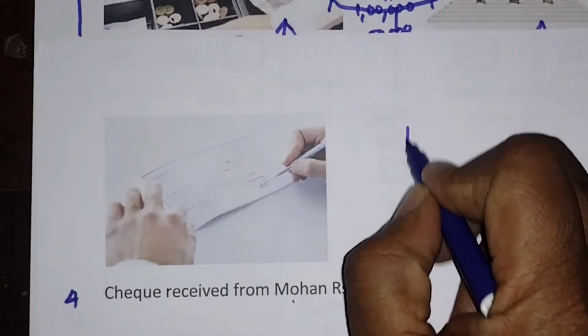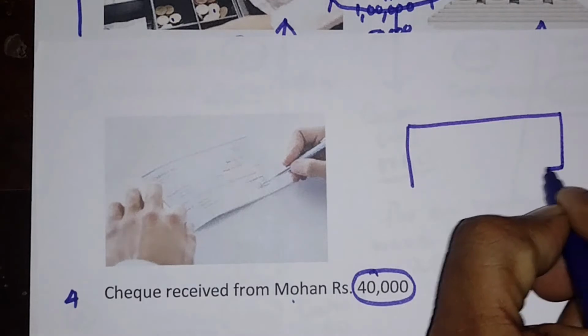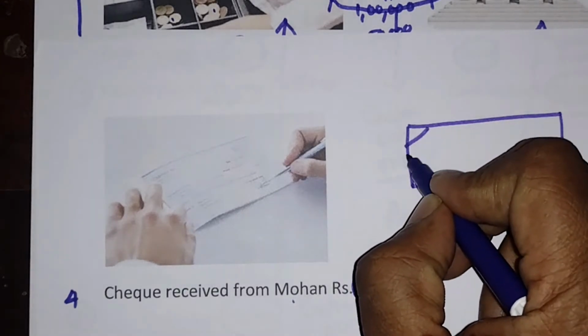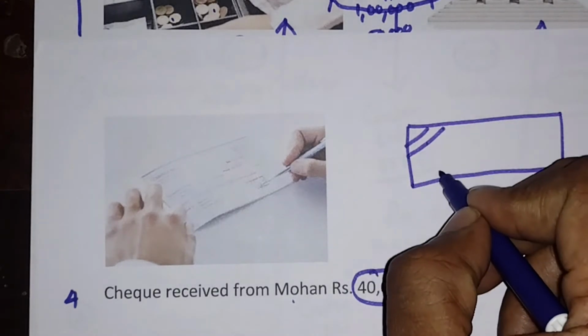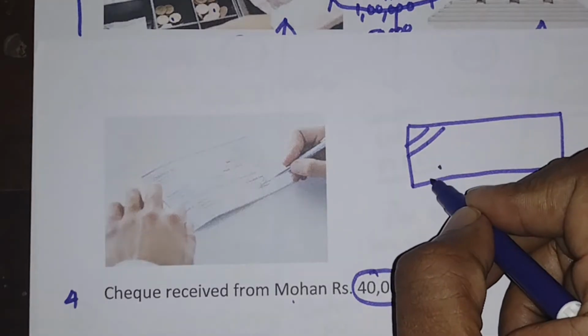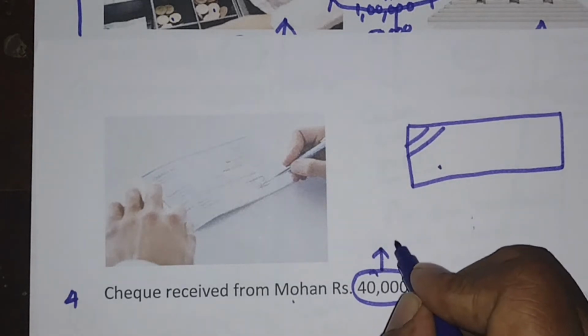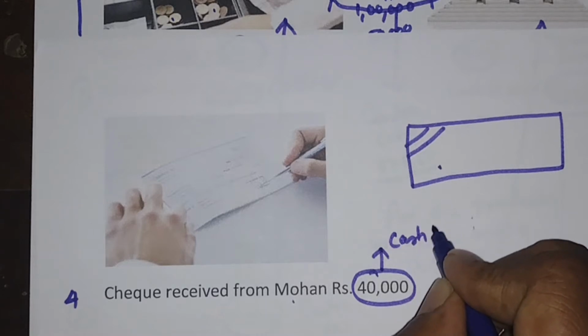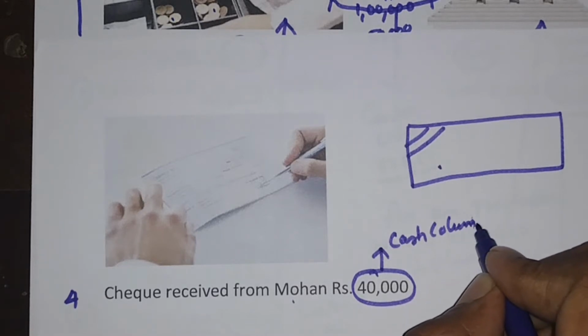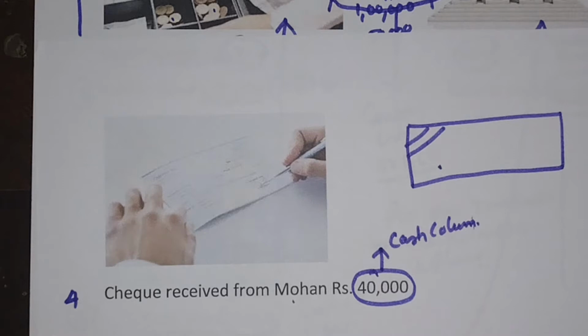One is called a crossed cheque, which I am going to show on the same paper after one picture. This is a cheque received. When only cheque received is given, it should appear in the cash column because it will be a bearer cheque. A bearer cheque means that the amount can be received directly in hand from the bank.